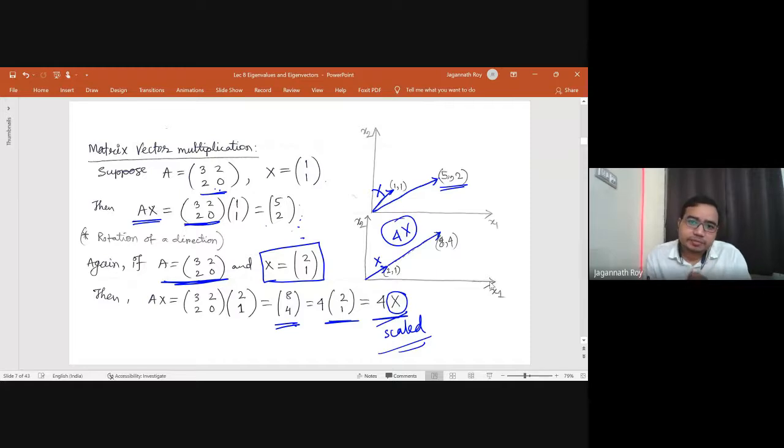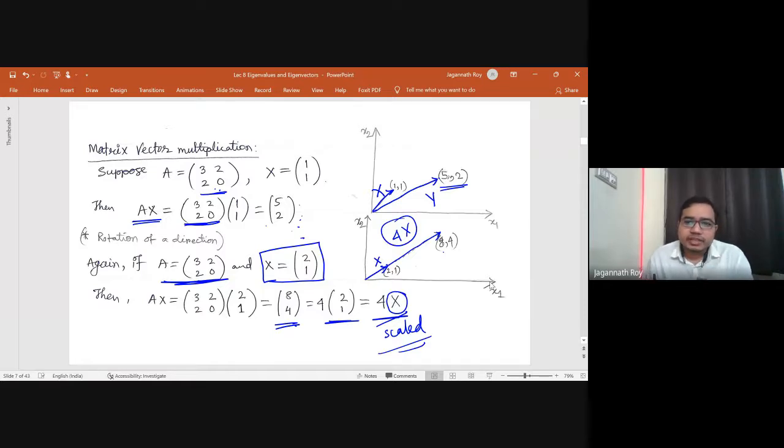So it keeps the direction the same and changes the magnitude of the vector. In the other case, we get a different vector, not in the same direction. These two vectors are different, with different directions and different magnitudes also.